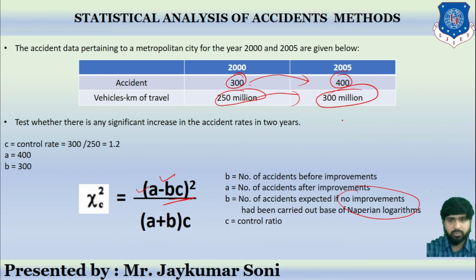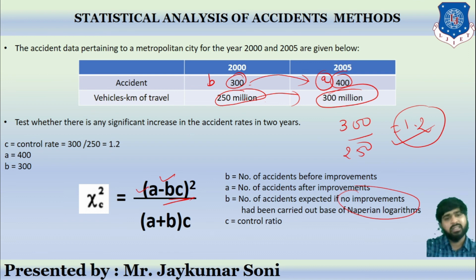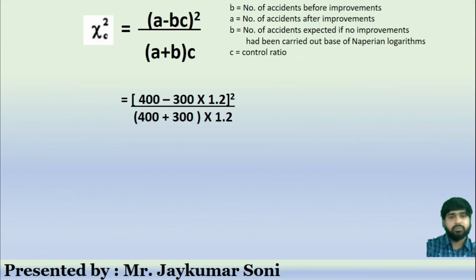So what you will do, 300 by 250, this will give us the value of 1.2. Then the value of A is 400. See, this is A after, and this is B before, 300. Now we'll put just the values. Once you put the values over here, we'll get the value of 1.90.